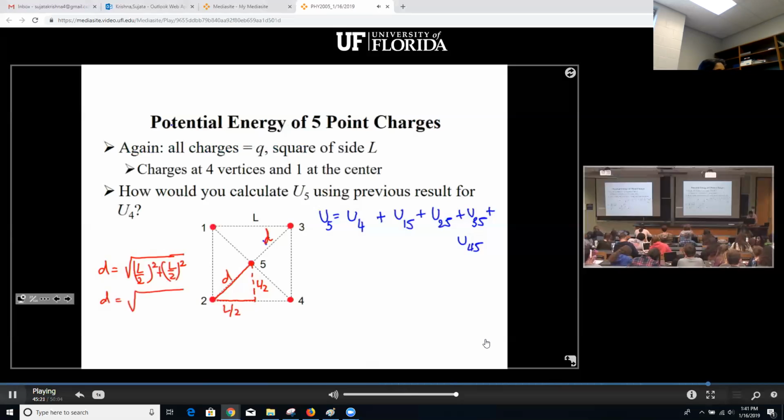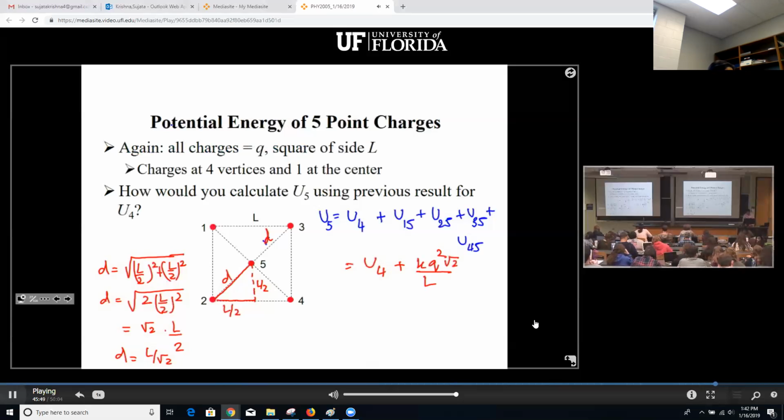That's going to give me D equals root 2 L over 2. And that's the same as writing L over root 2. So root 2 goes into this 2, root 2 times. Right, so I can write one of these terms as KQ squared divided by L over root 2.